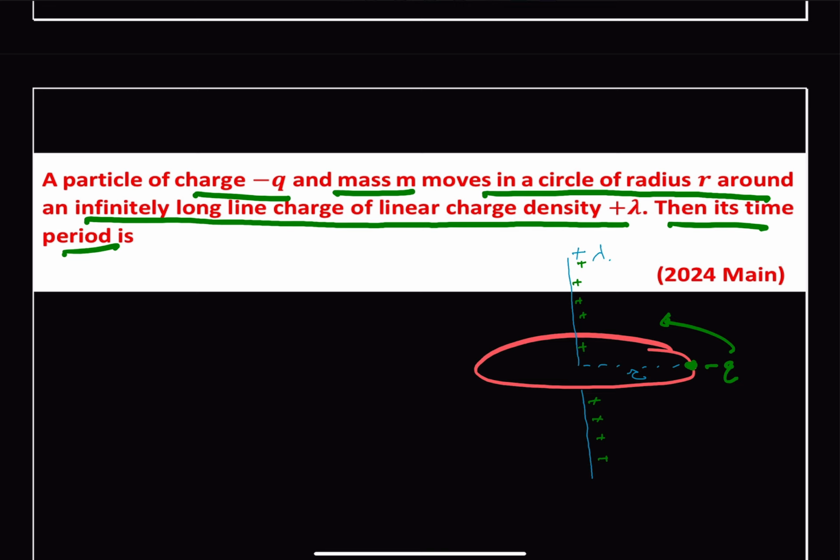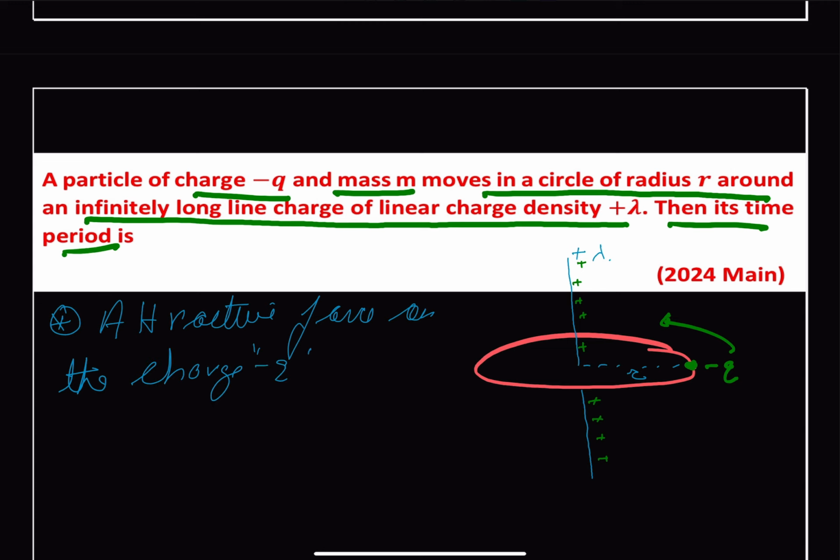So there will be a force of attraction, and this attractive force on the charged particle, on the charge minus q, we can write that our F is equal to q multiplied by E, where E is the electric field.